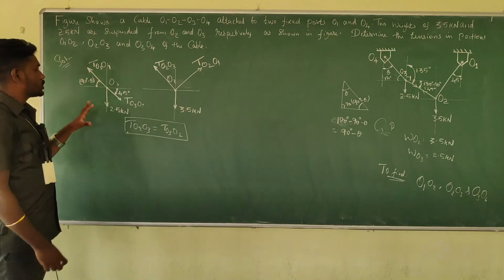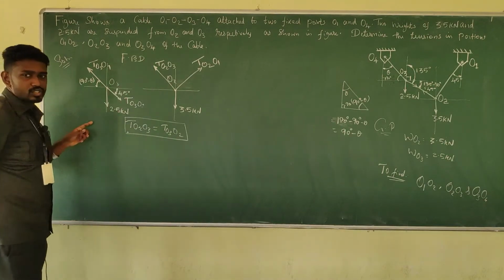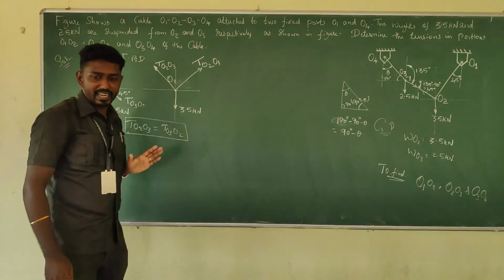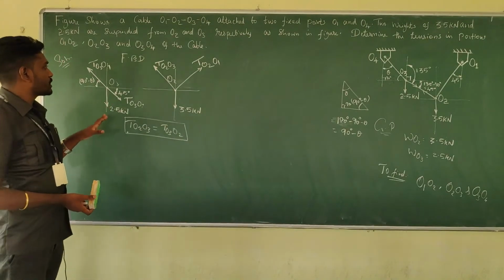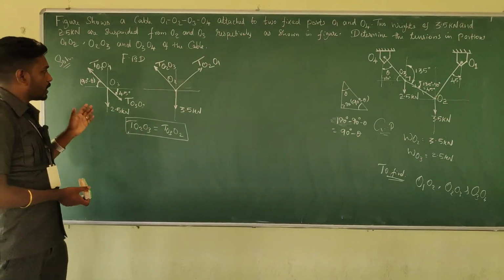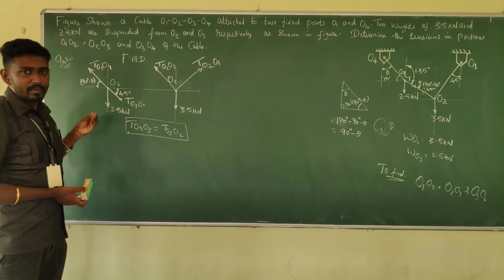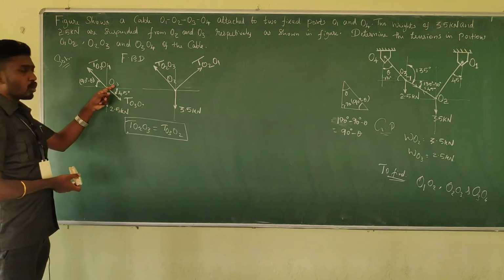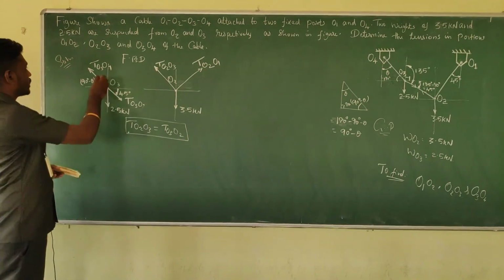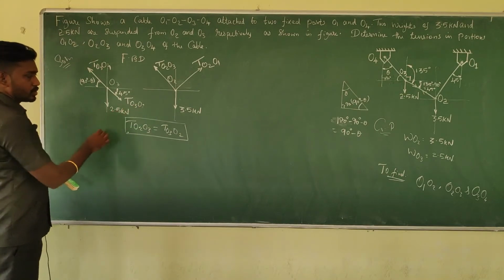So we have just drawn the free body diagram. Next, we need to solve and find the tension in the cable. So for that, we must prefer the joints where we have the minimum number of unknown forces. So if you consider the O3, see, tension force O3 to O4 is there, tension force O3 to O2 is there.